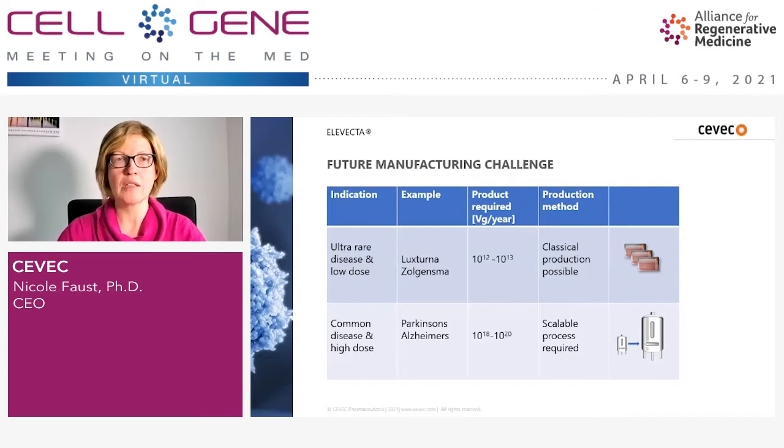That means the required product, so the actual viral particles required per year, is very moderate. We're talking about 10 to the 12th to 10 to the 13th viral particles per year. For this reason, it has been feasible to produce these viral vectors with the classical production methods as they were originally developed in the universities where the therapies were invented.